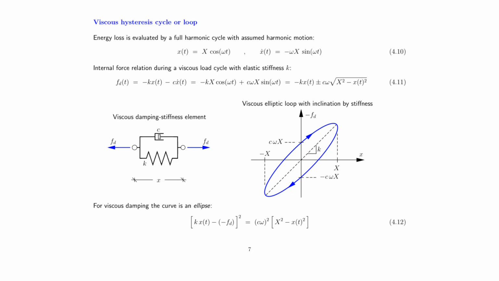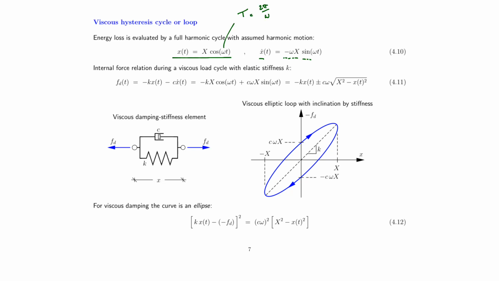So first of all, the easiest way to simply introduce harmonic motion is to assume harmonic motion. So we write up x with an amplitude capital X, and we assume the cosine omega t to be the temporal function. So omega here gives us the corresponding period as 2 pi divided by omega. We also need the velocity, so we time differentiate displacement, and we get minus omega X, and the cosine will then become a sine function.